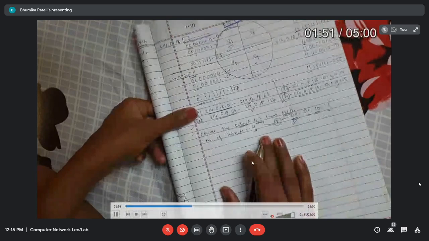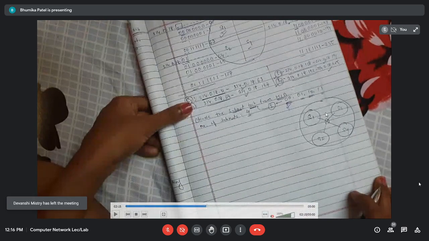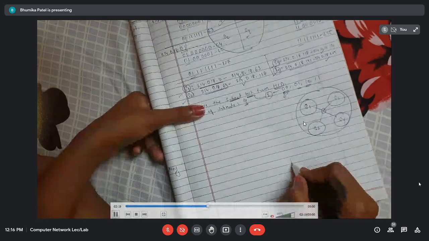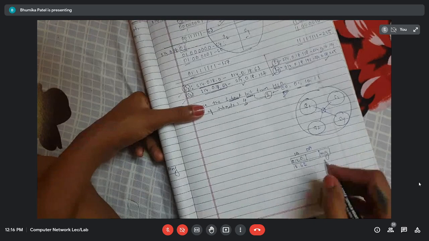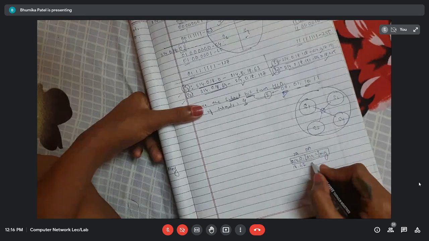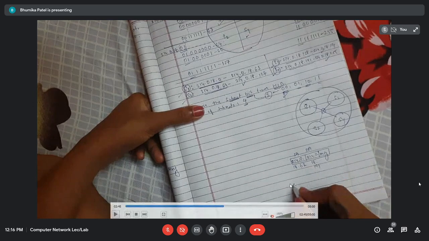I'll show you the example. This is the class C network, which is divided into 4 subnets. Suppose subnet 1 is connected on interface A, then interface B, interface C, and interface D. This is the source IP address, 62, and for example the destination IP address is 18.191.